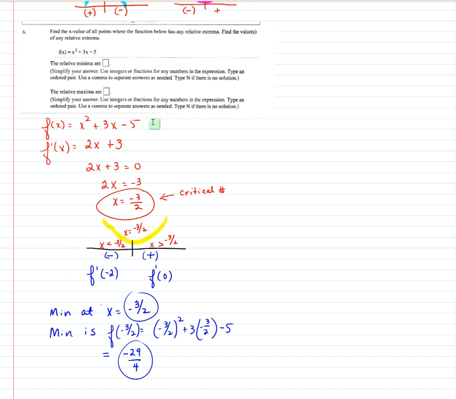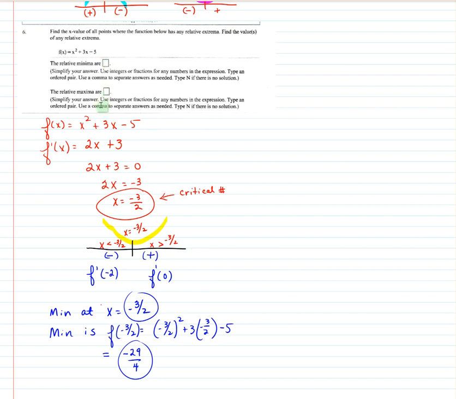So I'm plugging it in here, and I get negative 29/4. So I only have the min, and it says type an ordered pair. So you would put parentheses, negative 3/2, comma, negative 29/4, close your parentheses. So this will be an ordered pair here.